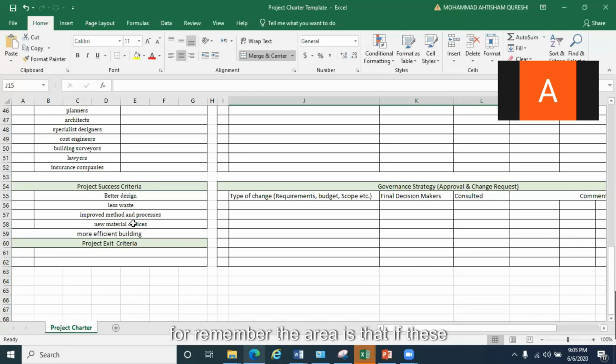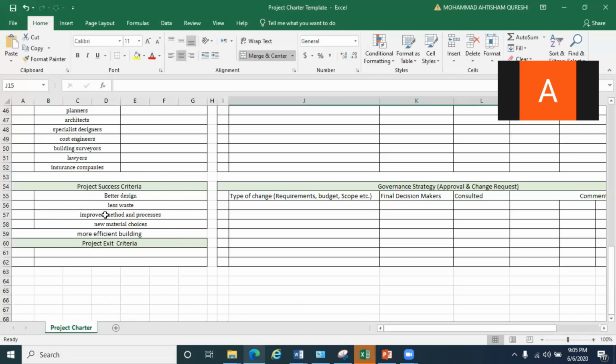For example, success criteria is that if these things are in place, we are bound to succeed. These are the factors that will lead us to success. Let's say new material choices, improved methods and processes, less waste, better design. All these things will lead us to success. It is the opposite of the failure criteria, which means the things that will lead us to failure, such as the risk.